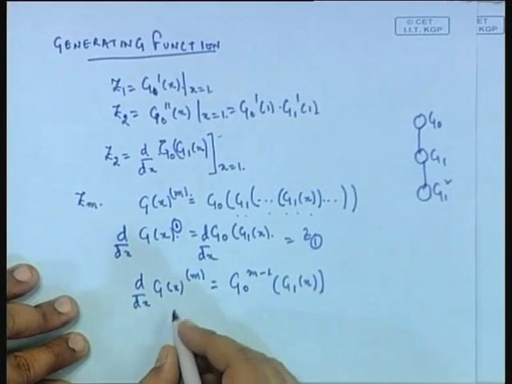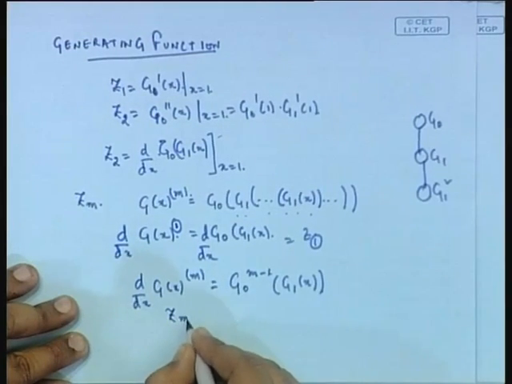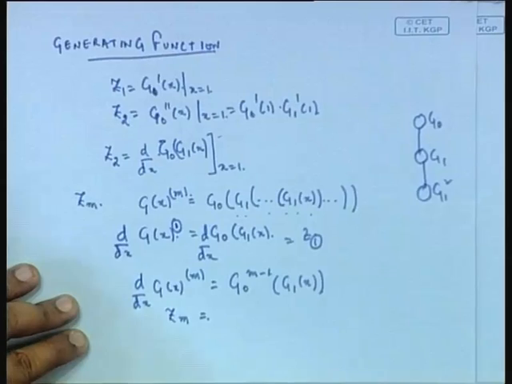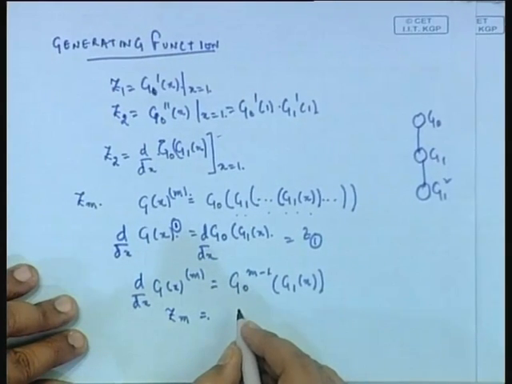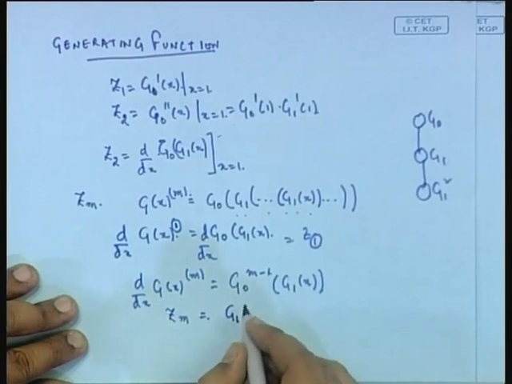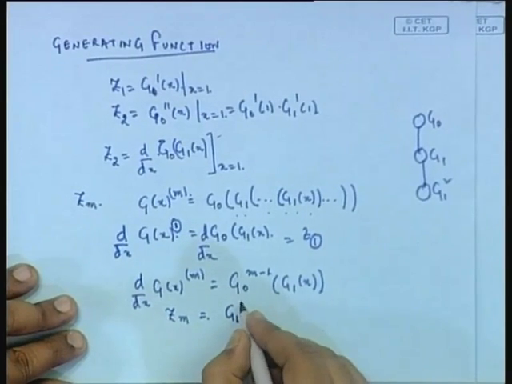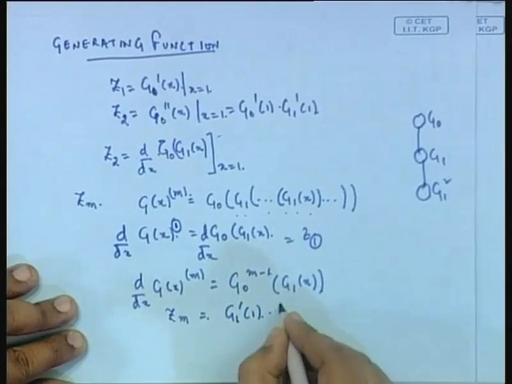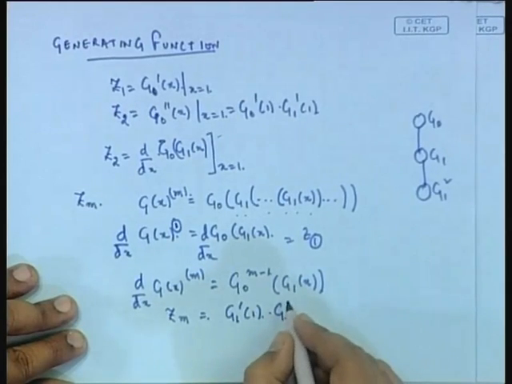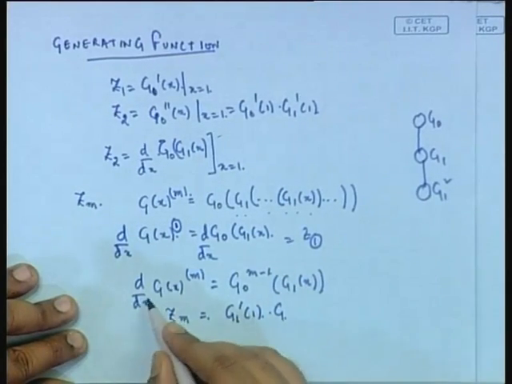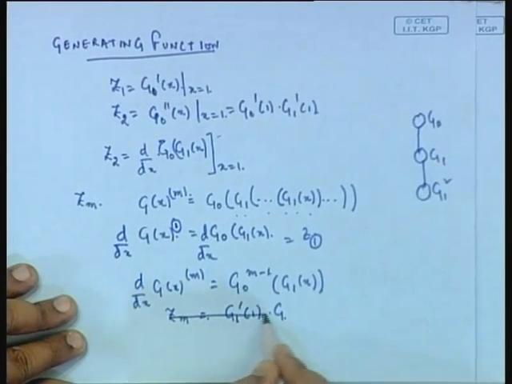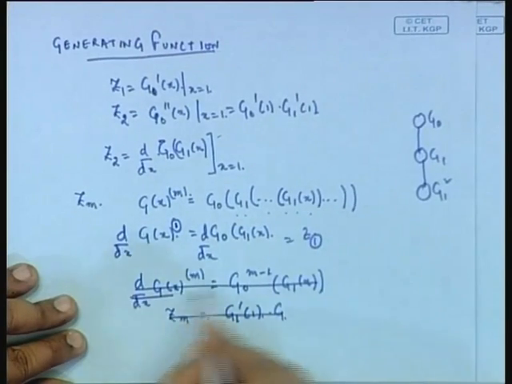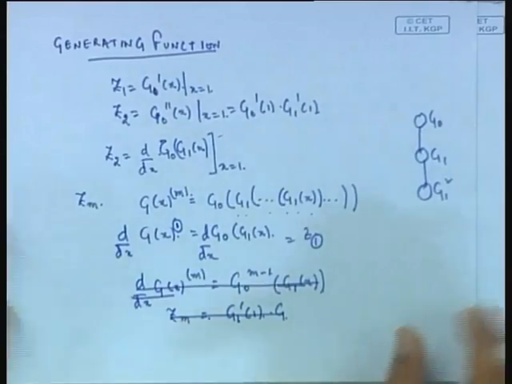And then Zm is equal to G1 dash 1 into... I am making a mistake. Let me do it in a better way.